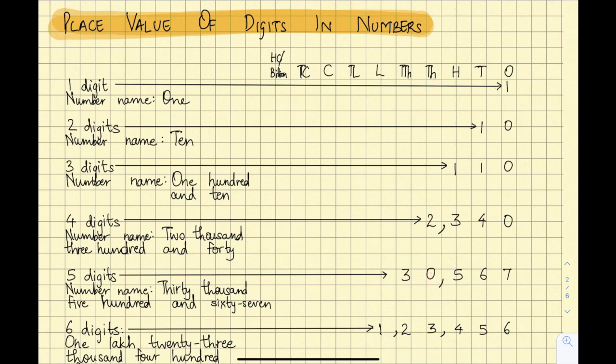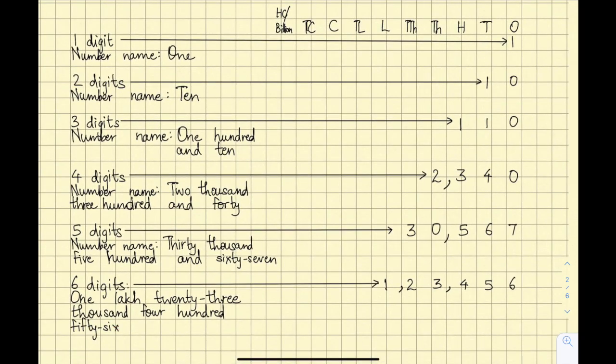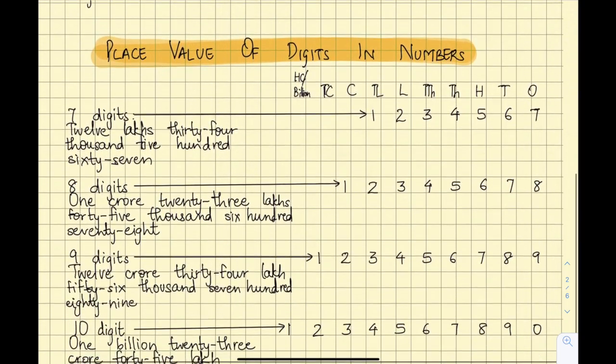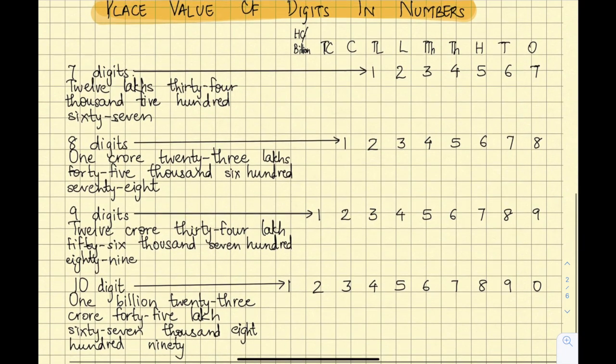So 2, 3 both are in thousand space, so 23,000. And then in hundred space we see 4, in 10 space we see 5, 5 tens are 50, and in one space we see 6. So hence it is 456.